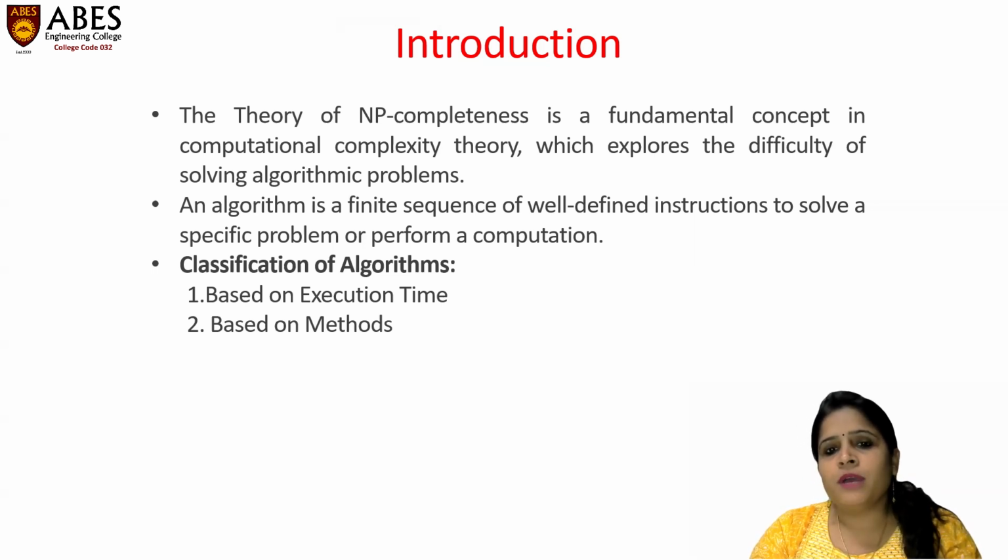If I'm talking about the easiest problems, then those are problems which a computer can solve in a quick manner, we can say in linear time. So these kinds of problems are called easier problems. If I'm talking about hard problems, these are problems whose execution time is exponential, which means a time-taking procedure.